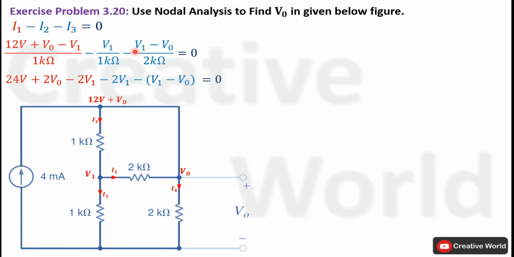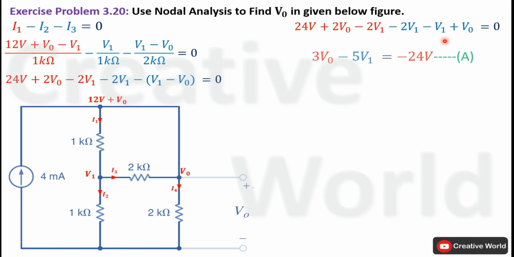Here product of 2 kilo ohm and 2 kilo ohm in denominator will cancel out with each other, only V1 minus V0 will be left. Now open these brackets, minus will multiply with values inside the brackets, it will become minus V1 plus V0. Now place this 24 volt on the other hand side of equal and add values having same variables together.